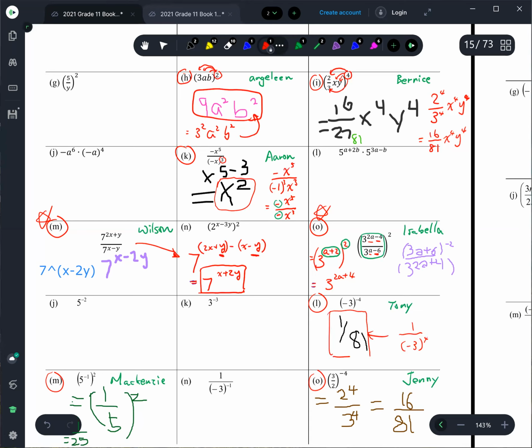This one is not too bad, right? Yeah, this one is good too. You did show the step. You flip the inside 1/5 and then square and then become 1/25. Very good. This one is like the example we did before, right? They flip around, 16/81.